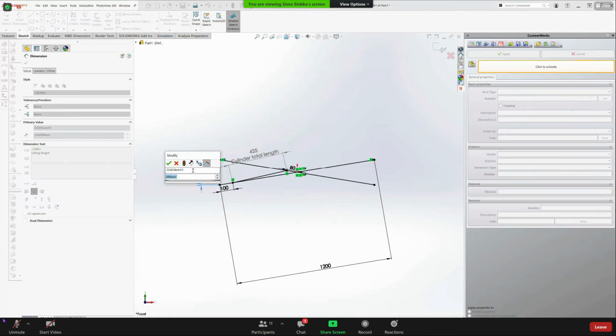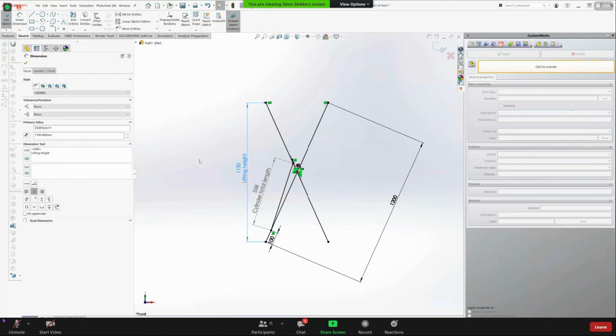And then 1100 millimeters and see what is the cylinder length in this case. And now the difference between the cylinder total length here compared to the cylinder total length in the minimum position gives us the information on what would be the suitable stroke for the cylinder.